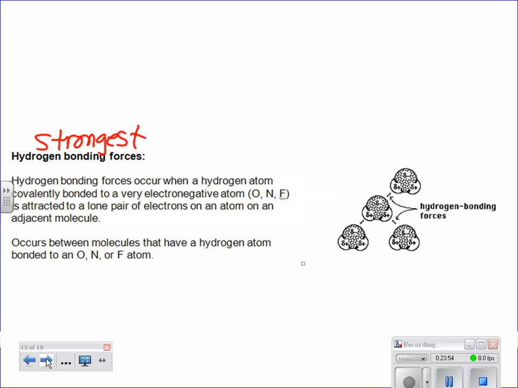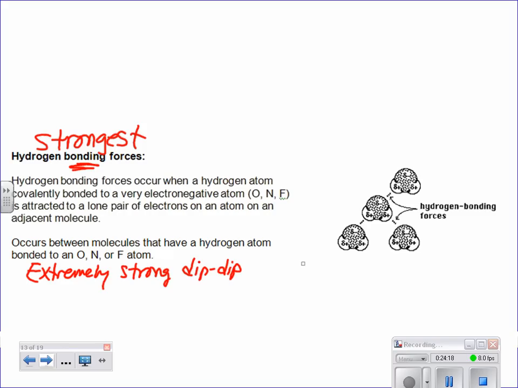And then finally, your hydrogen bonding, and this is a little bit of a misnomer. It's really not bonding. It's just intermolecular forces holding those molecules together. But it's going to happen for the exact same reason as dipole-dipole. It's just an extremely strong dipole-dipole force.